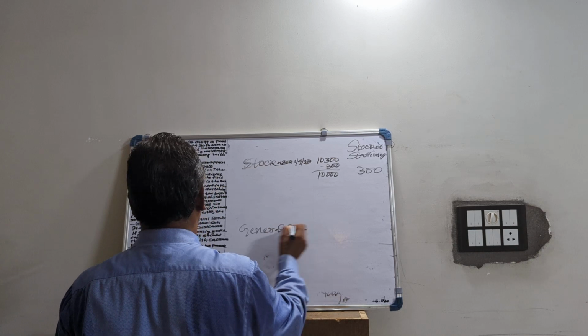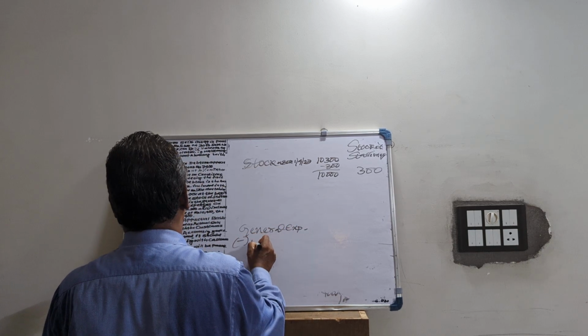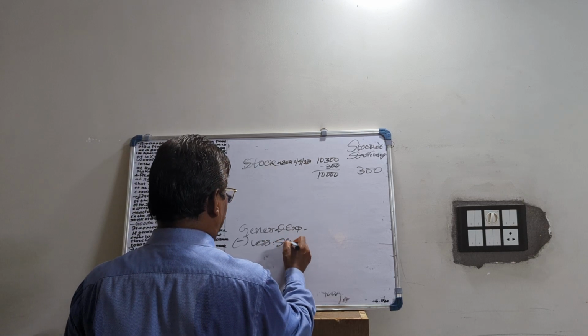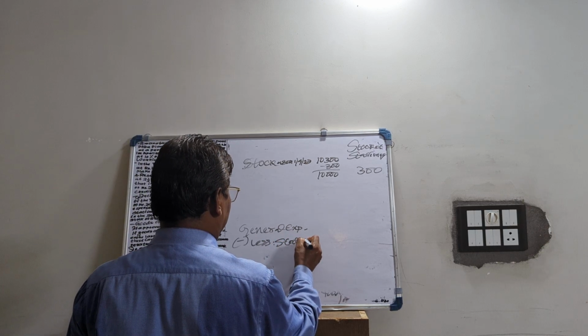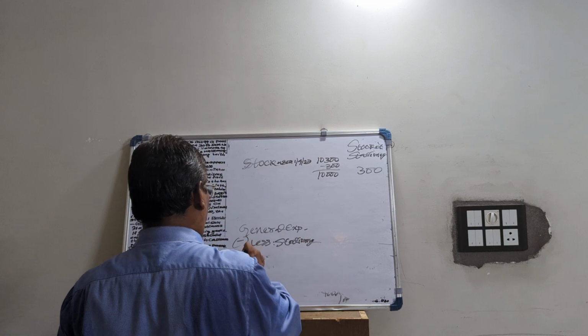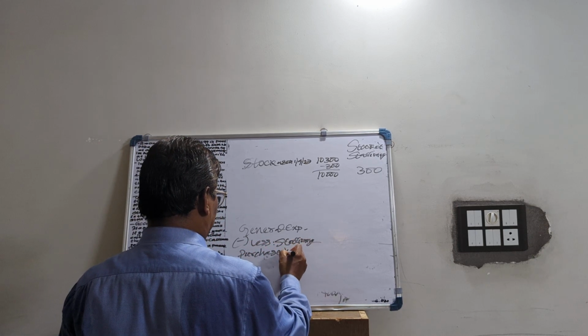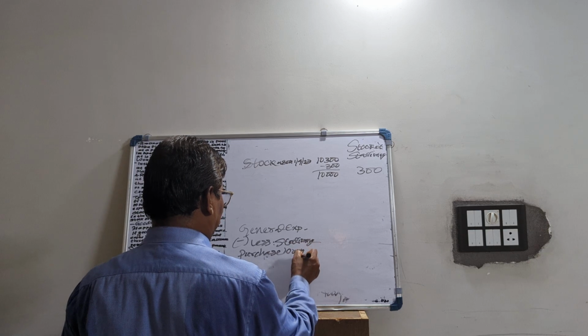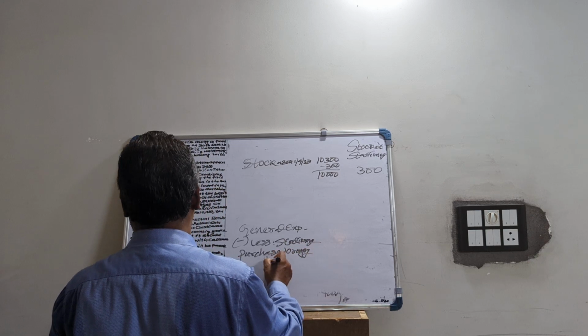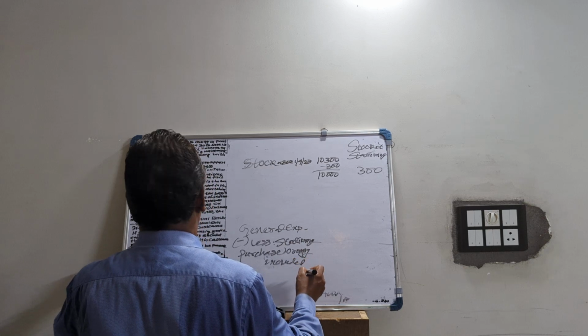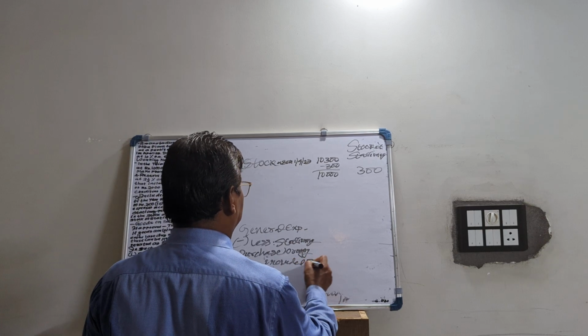Then we will deduct, less, stationery purchase wrongly included. So general expenses will reduce in the profit and loss account. The wrongly included amount is 500. Here we will deduct 500.